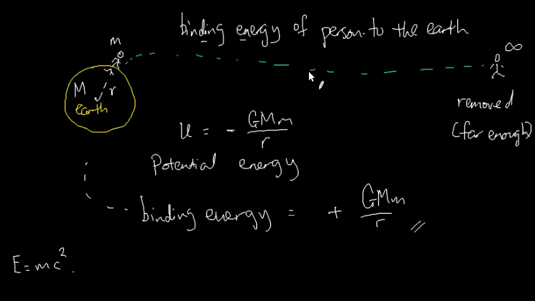So by moving the person to infinity, there is an increase in energy of the person. That energy is potential energy. According to E equals mc squared, this increase in energy means that the energy increase has a mass. Energy has mass, and the equivalent mass is given by this formula.